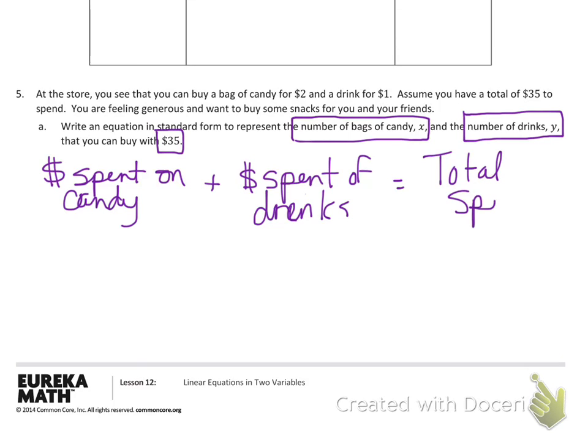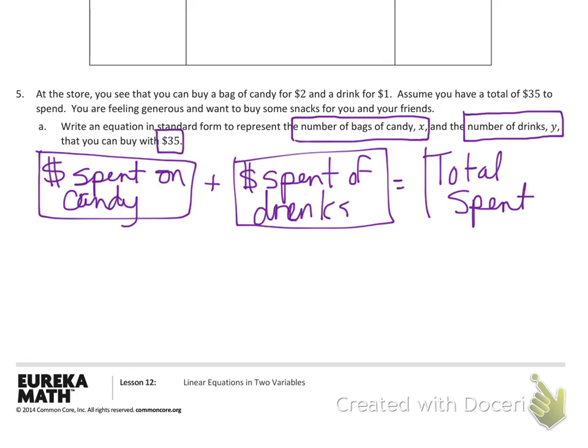Okay, so I haven't put in any numbers yet for the equation, but I have this idea going on. So I have to figure out the total I spend on candy, the total I spend on drinks, and that will equal my total spend. So my total spent, I know, is $35. So I just have to figure out how much I am going to spend on candy. Can I write an expression for that?